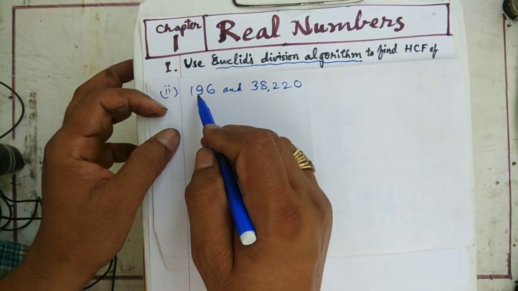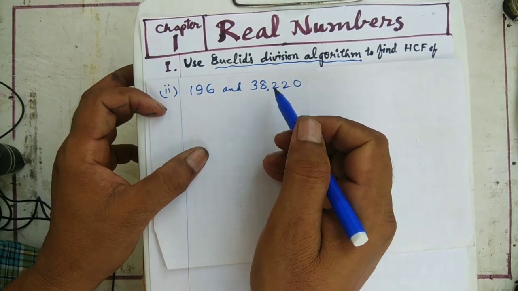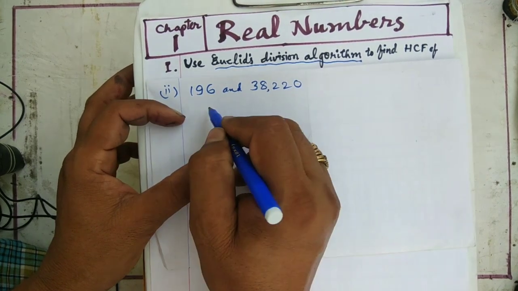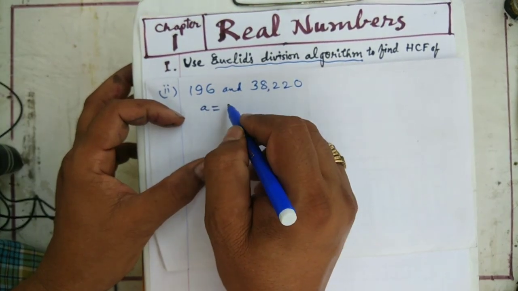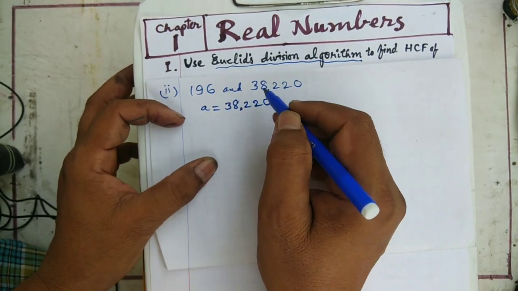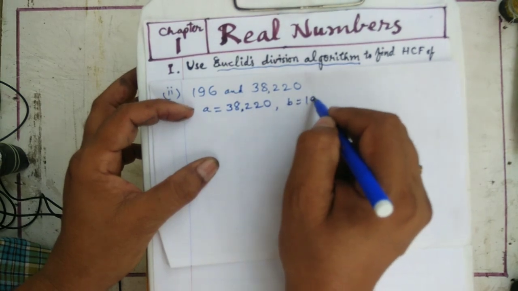Second problem, 196 and 38,220. So here a is equal to 38,220 and b is equal to 196.